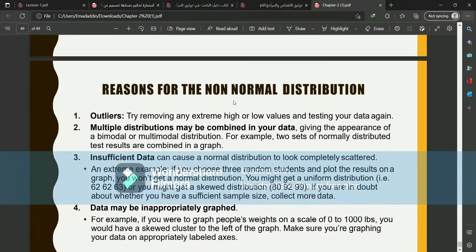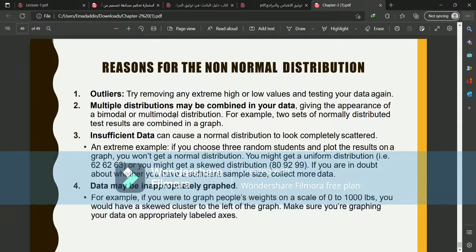Reasons for the non-normal distribution: there are four reasons.